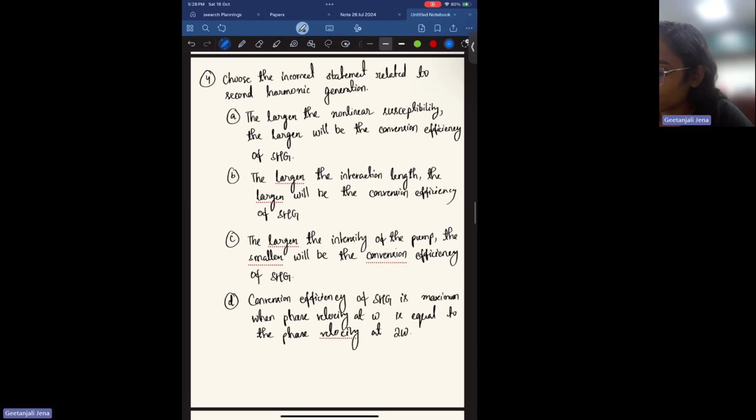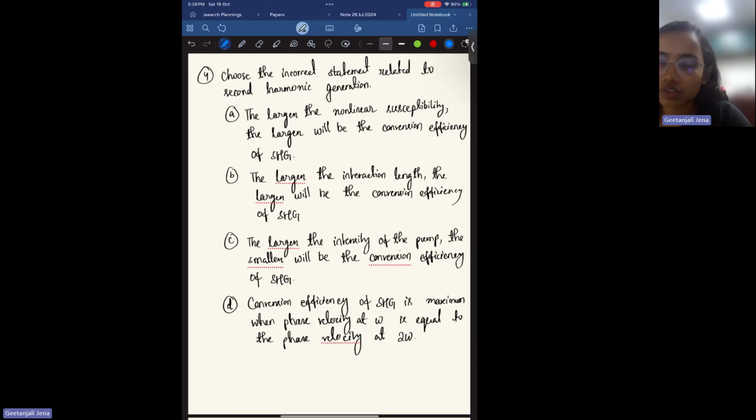Please go through the question once. It's a conceptual question, so you have to read each option carefully so that you can figure out what the question is asking.